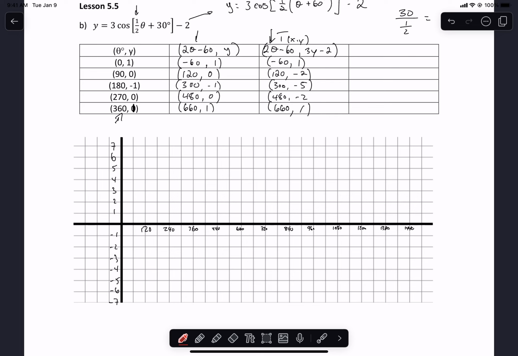So if I graph the original cosine, it's going to be right here. 0, 1, 90 would be where? Somewhere in here, right? Halfway. Well, I guess it's not really guessing. It's still pretty good, right? And then 180 would be halfway between 120 and 240.